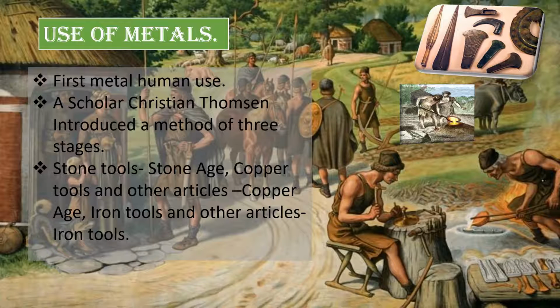From history, we learn that a scholar, Christian Thompson, introduced a method of three stages: Stone Age, Copper Age and Iron Age. He also sorted tools and equipment according to their age. So let's study all of this according to the age, and also about the scholar Christian Thompson.